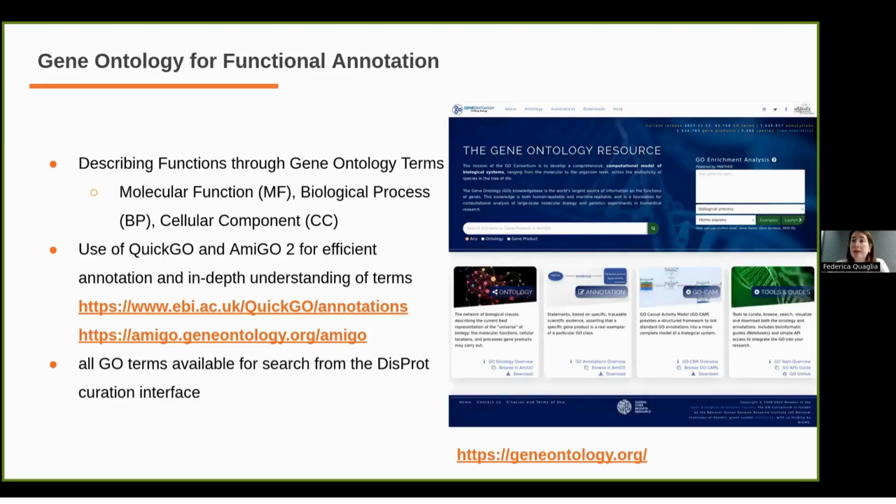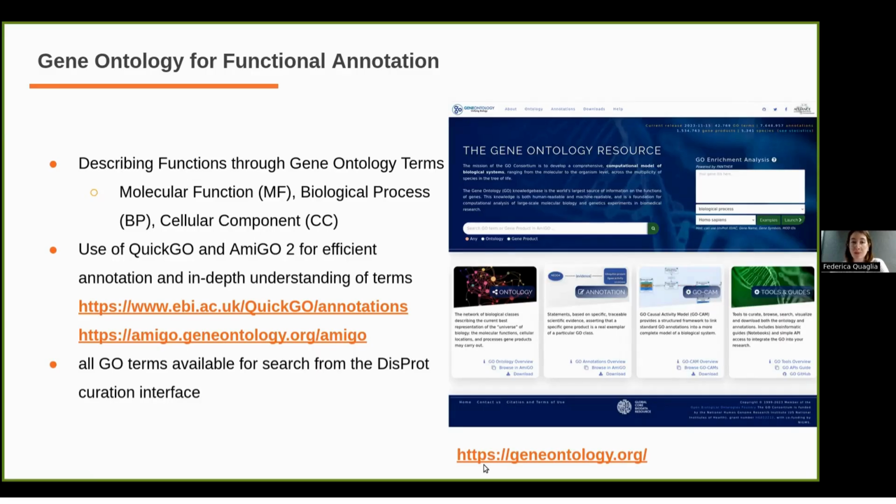Then if we want to annotate the active functions of these IDPs, IDRs, we will use gene ontology terms. So we will use gene ontology terms to annotate molecular functions, biological processes, cellular components. And if you want to have a more in-depth understanding of gene ontology terms, you could look at these 2 resources that can help you a lot in understanding gene ontology and in performing efficient annotations, as well as look at the gene ontology website itself.